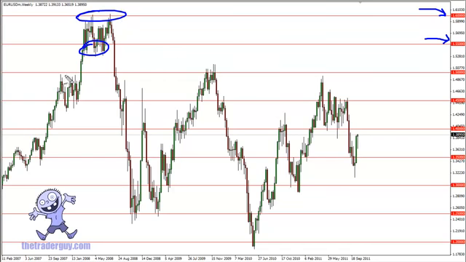But I want to show you another phenomenon, and that is this resistance here became support. This bar crashed right into it, and it eventually broke down, but you can see that it did hold support. And then once it got broken through, this bar retested it as resistance, the following week.